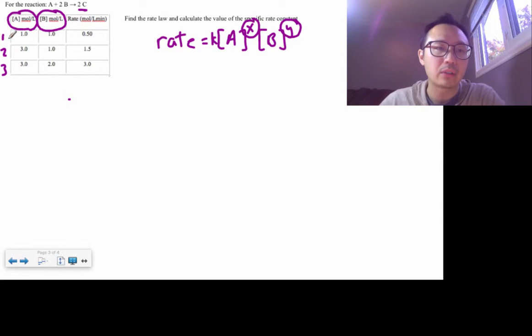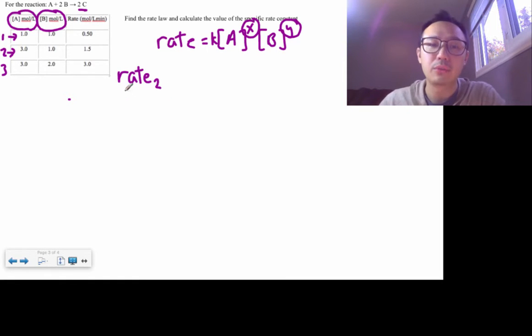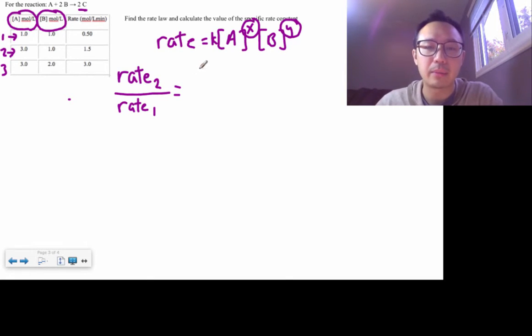You can see that if we select trials 1 and 2, A is increasing while B is staying the same. This makes it a lot easier for calculations. So we're comparing the ratio. If we have the rate of trial 2 divided by the rate of trial 1, then we can ignore the k for this calculation because it doesn't matter yet, and we look at the concentration of A in trial 2 divided by the concentration of A in trial 1.